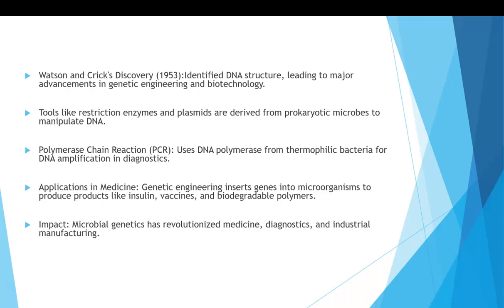Both restriction enzymes and plasmids are derived from prokaryotic cells, in order to manipulate the DNA and make recombinant DNA, and we can make products that meet human desire, in farming, in agriculture, in medicine, pharmaceutical areas, and a lot of different fields.